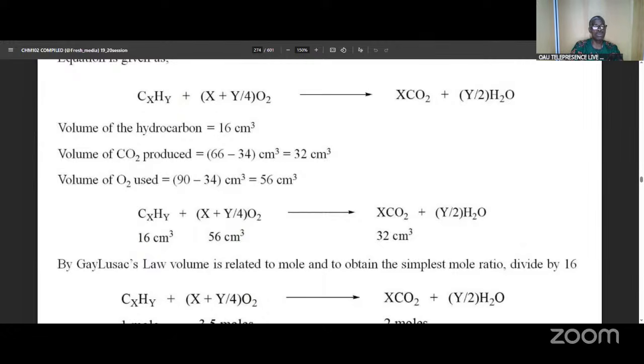It's 32 cm³. Then the volume of oxygen used, that is the volume of oxygen that reacted.